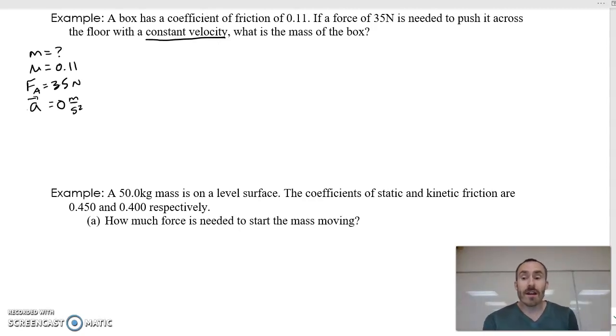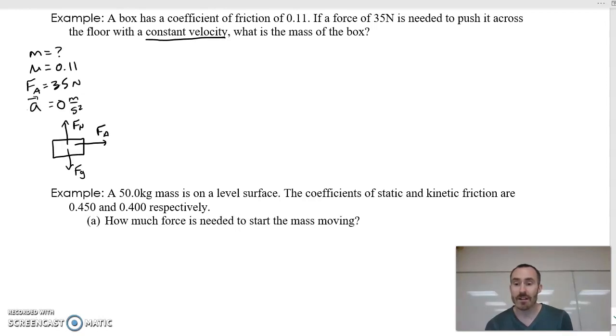Okay, we're looking for the mass. So at this point, I'm going to draw a free body diagram down here. So we have the force of gravity. We have the normal force. We have the pushing force, so we're going to call this the applied force. And the force of friction.